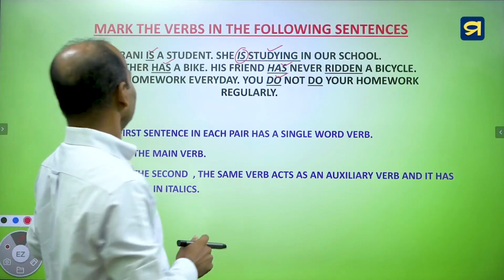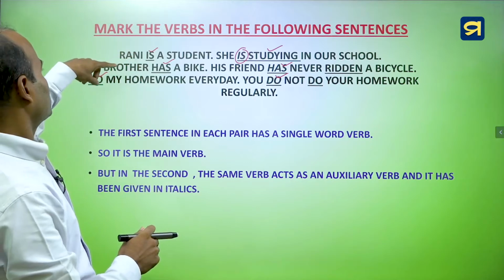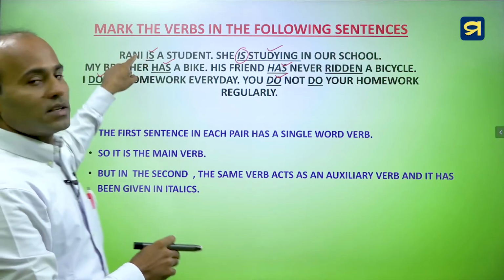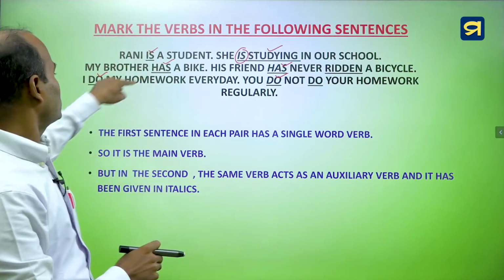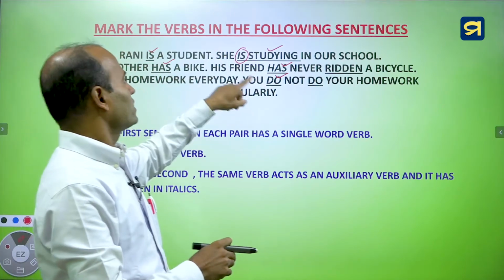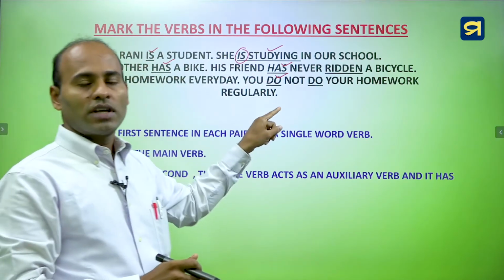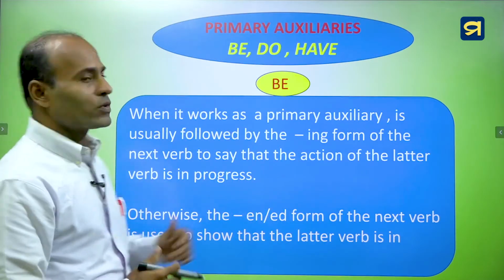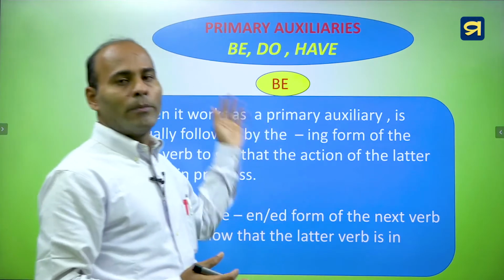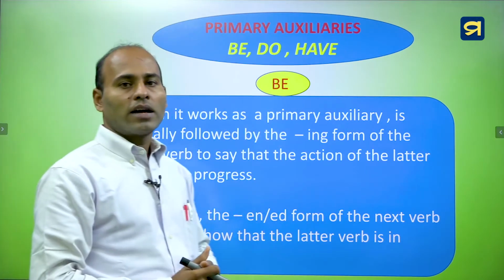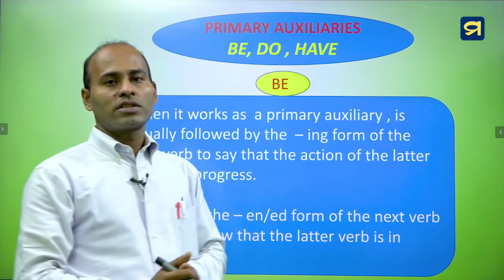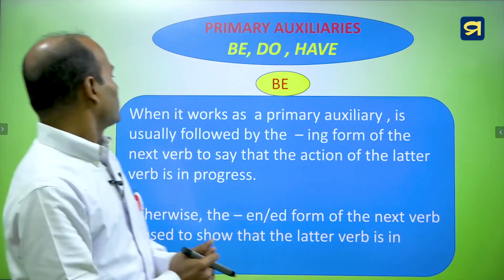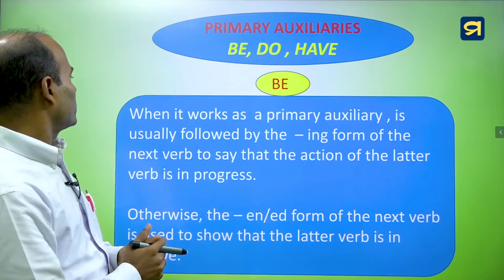So, in each pair of sentences, there is a single word verb in the first sentence, and in the second sentence, the same word is used as the auxiliary. Now, primary auxiliaries, we have already discussed about it. Be, do and have are the auxiliaries that can be used both as main as well as primary verbs. That's why these are called primary auxiliaries.